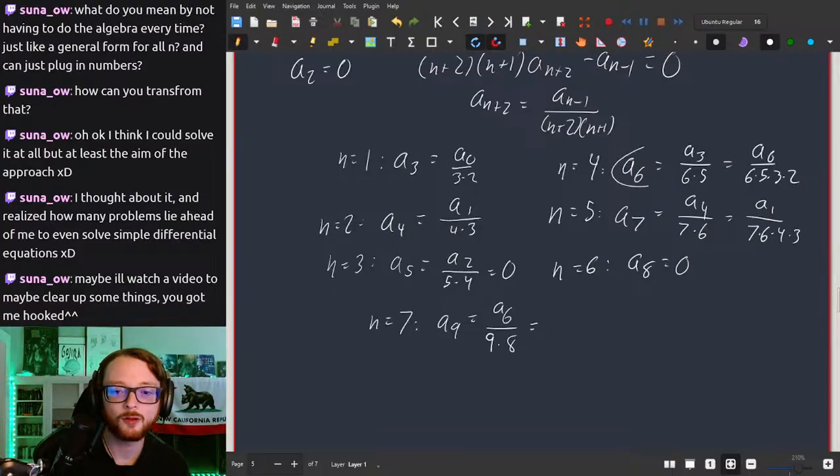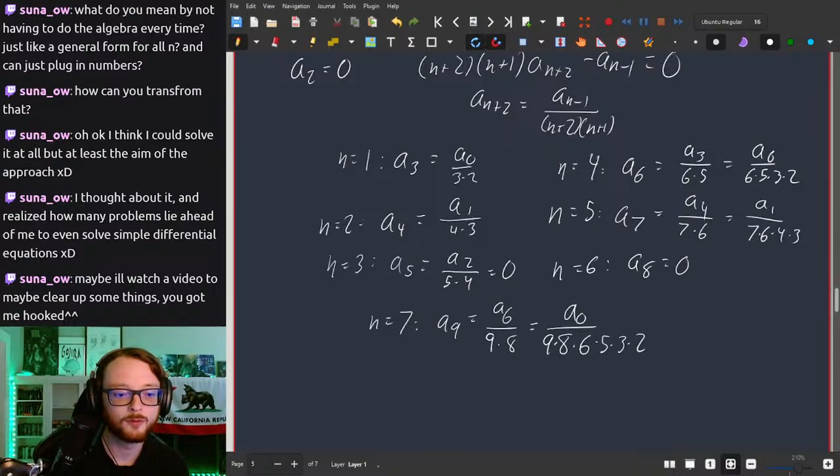A sub 6 is that thing up there. I'm definitely doing this the caveman way though. Ooga booga. N equals 7. Ooga booga, n equals 8. This is the last one that I'm doing.